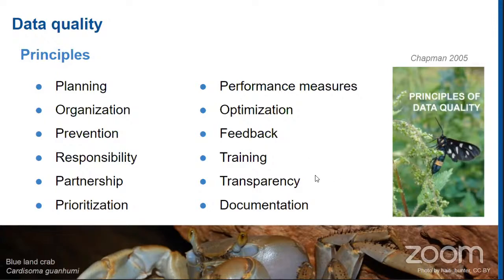And then there is transparency and documentation, which I mentioned a little bit before. This has to do with trust, and we have to be as transparent as we can and explain exactly what we have done with the data so that others can understand and can decide if they want to use or not the data for a particular purpose.